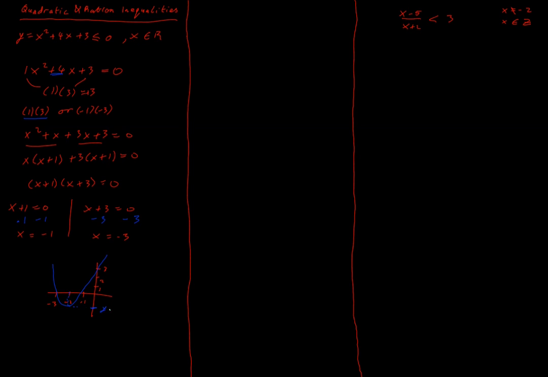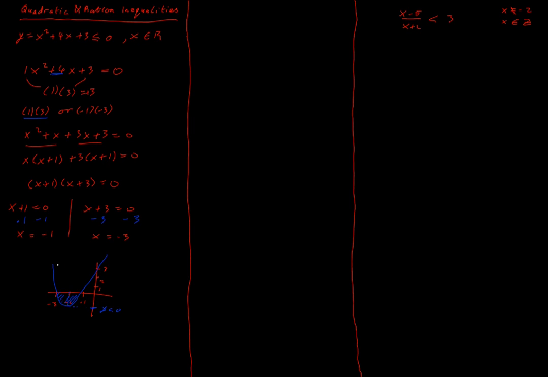Y would be less than 0. At that point, it would be negative. So I'm looking for this region down here, where the y output of my function is going to be less than or equal to 0.